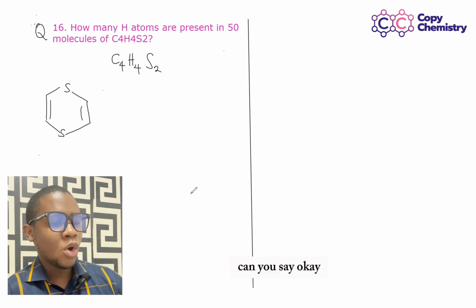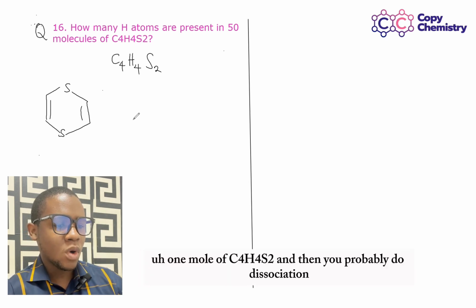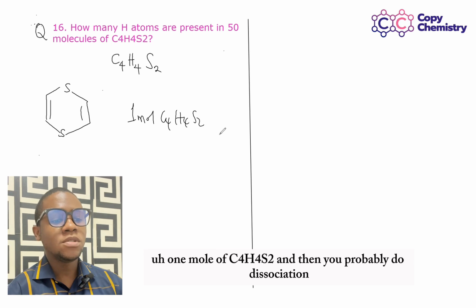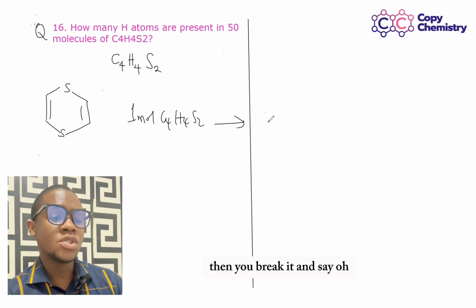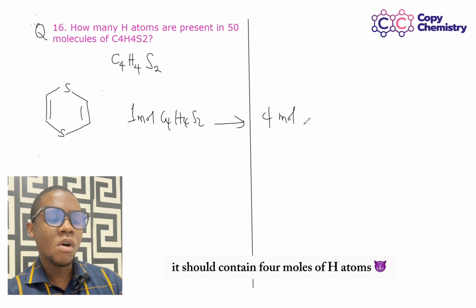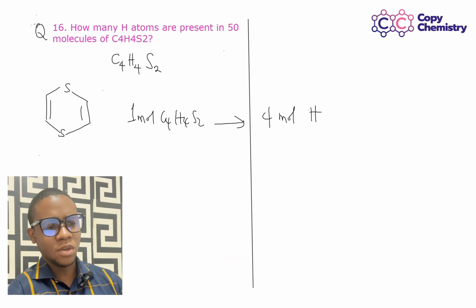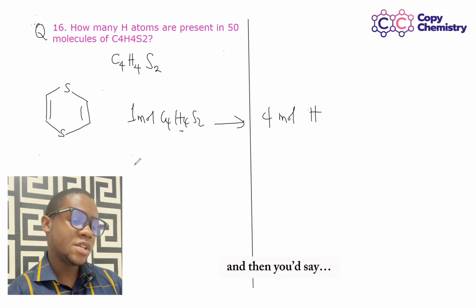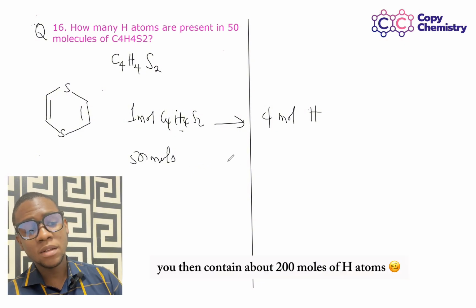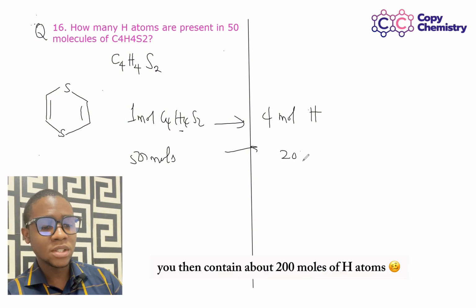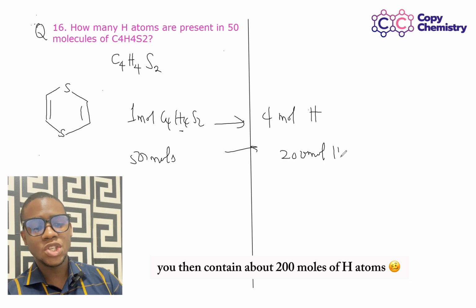Then you say, okay, 1 mole of C4H4S2, and then you probably do what we call dissociation and break it up and say it should contain 4 moles of H, and then you say 50 moles of this should then contain about 200 moles of H.